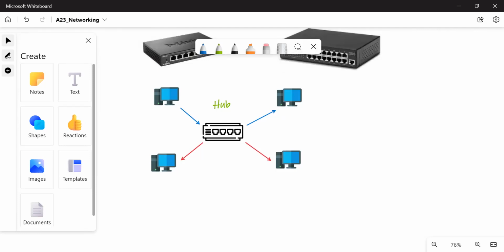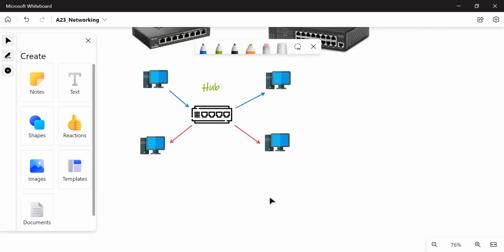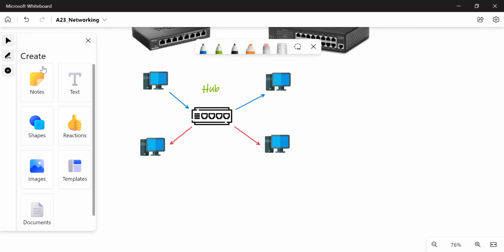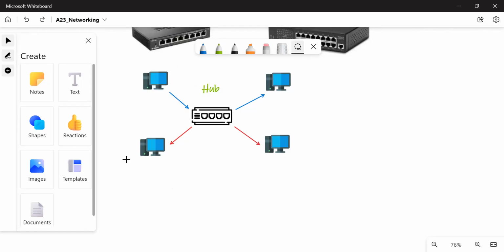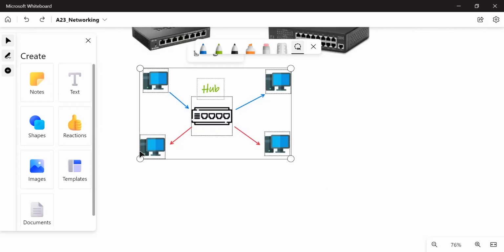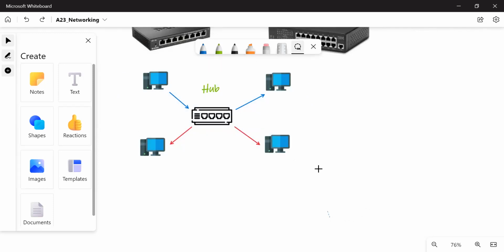Then if you take a switch, a switch is actually smart compared to this one, right? So let me use the same figure. Let's say I'm going to use the same set. We'll copy it.